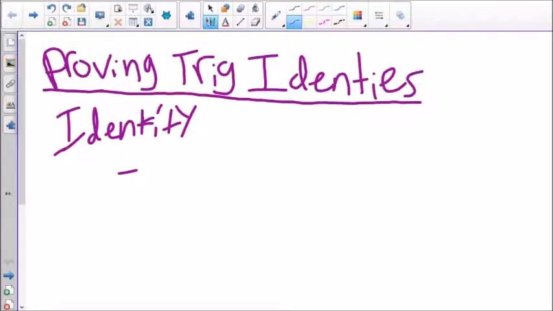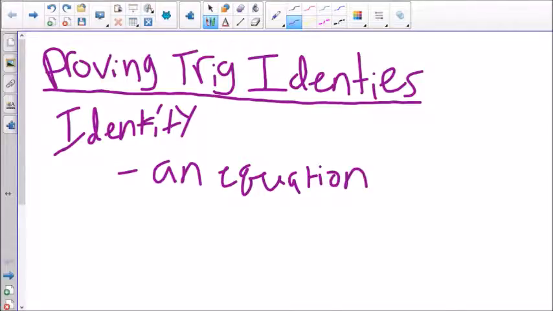But anyways, an identity is an equation that is always true.